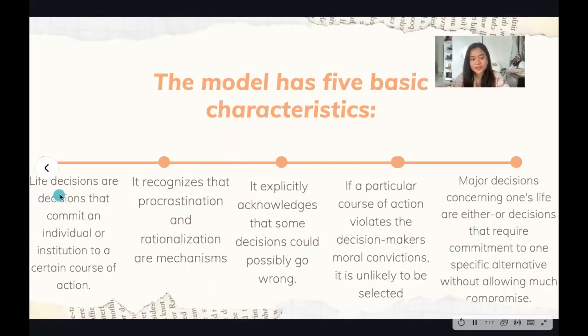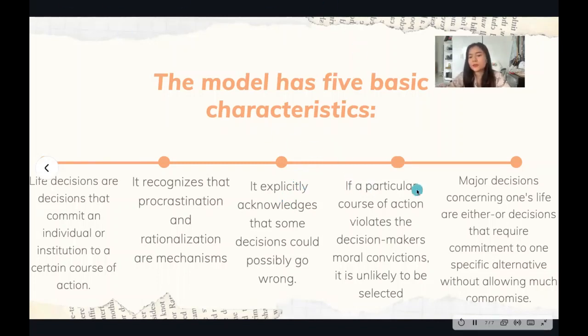Firstly, live decisions are decisions that commit an individual or institution to a certain course of action. Next is to recognize that procrastination and rationalization are coping mechanisms. Next is to explicitly acknowledge that some decisions could possibly go wrong.